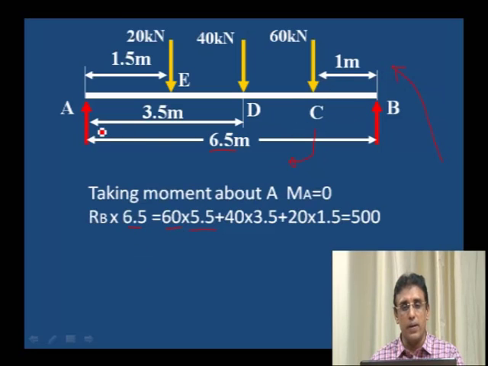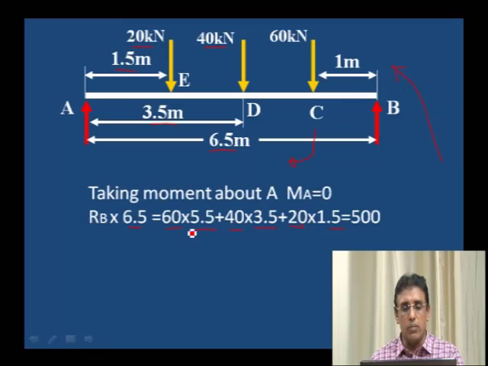Next load is 40 kilonewton, 40 into 3.5. Then 20 kilonewton, 20 into distance is 1.5. So 60 into 5.5 plus 40 into 3.5 plus 20 into 1.5.